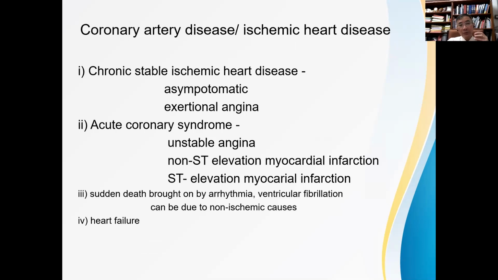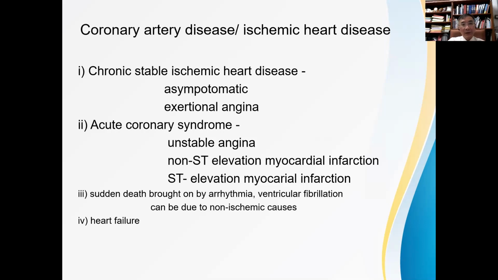Acute coronary syndrome is a more serious group of conditions due to ischemic heart disease, and patients will present either with unstable angina, the non-ST elevation myocardial infarction or heart attack, or the ST elevation myocardial infarction.